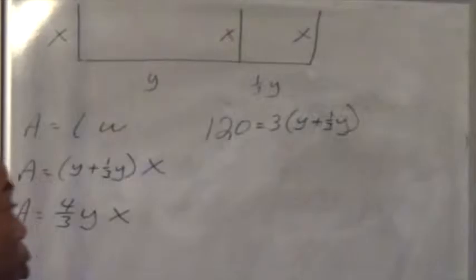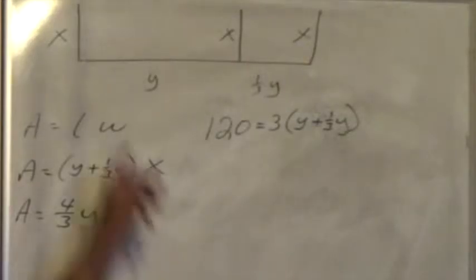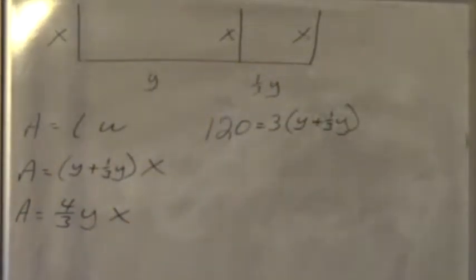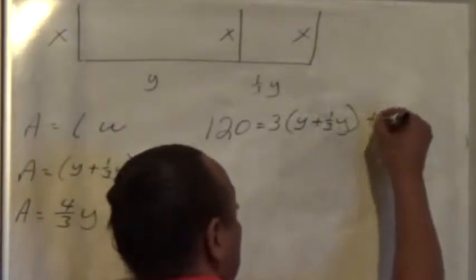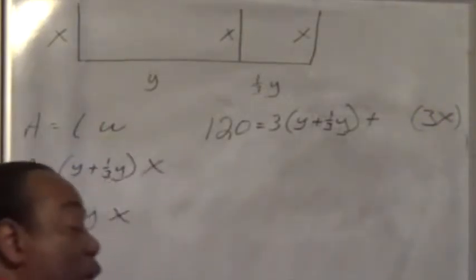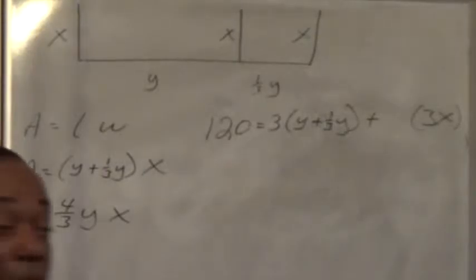So it'll be 3 times adding Y plus 1/3 Y. Plus, I need to add up how much it's going to cost for each of these adjoining walls. I have 3 of them, so that's 3 X's. And I'm going to pay $4 a foot for each of those.